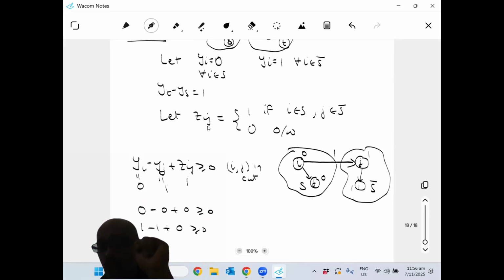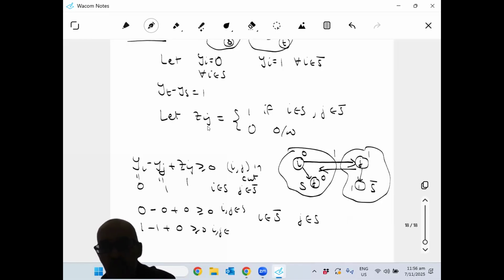The last thing which could happen is I could have edges going across from S bar to S. In this example, i is in S, j is in S bar. In this, i and j both are in S. In this, both i and j are in S bar.